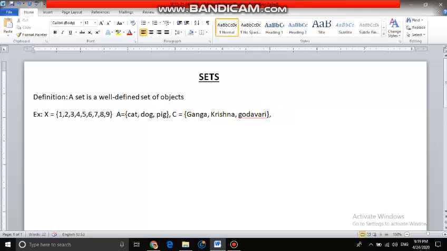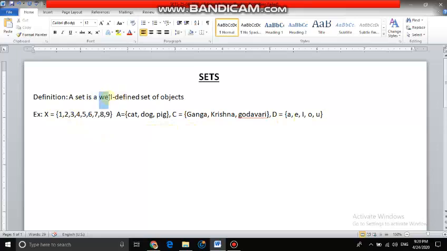Or for another example of a set, you may go for the English alphabet, or A, E, I, O, U. I'll go for only vowels. Maybe you can take another set as consonants. So these are the examples of a set.